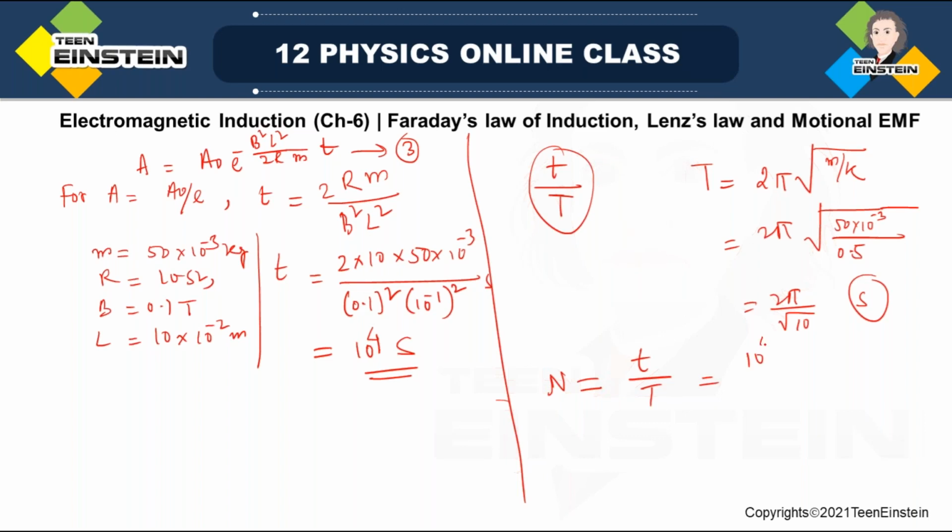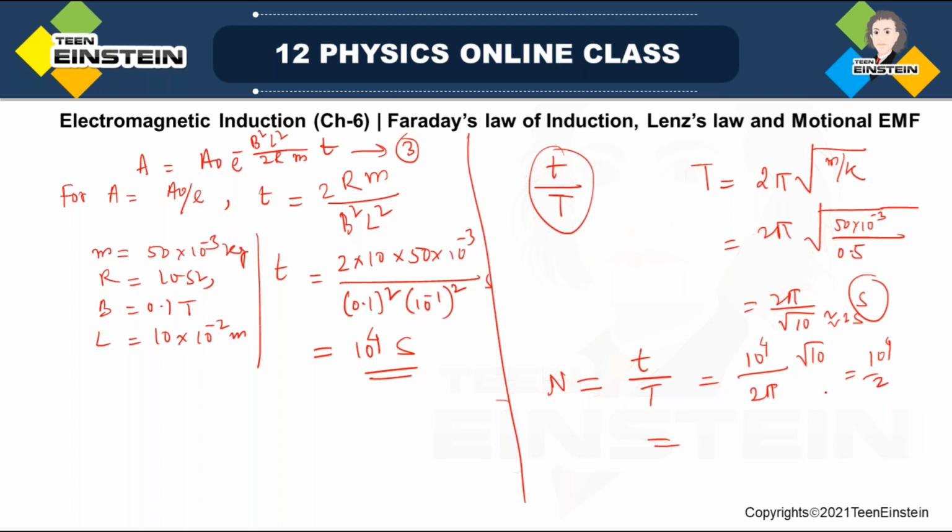One is 10 to the power 4, another one is 2 pi root over 10. This is nearly equal to 2, so it is 10 to the power 4 divided by 2.